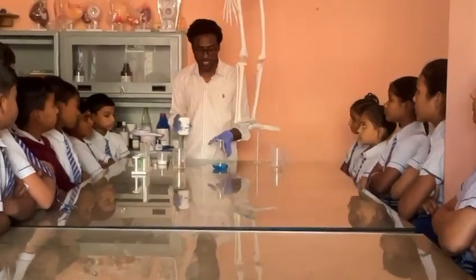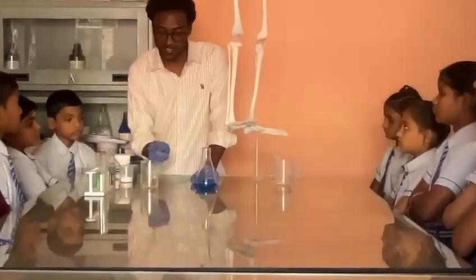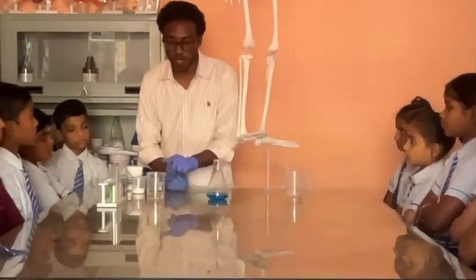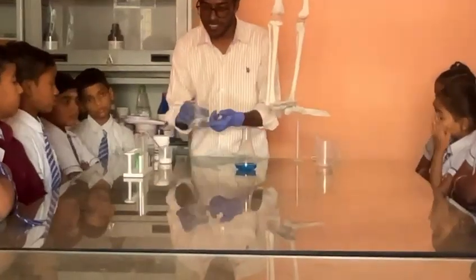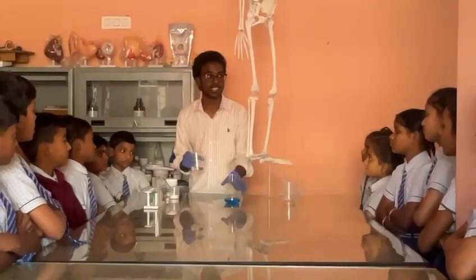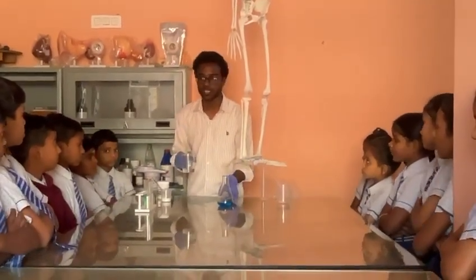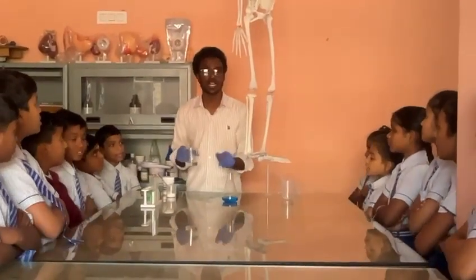But when this copper sulfate solution is mixed with NaCl, sodium chloride solution, what happens? The chloride present in NaCl will react with the copper present in the copper sulfate. When chloride reacts with copper, it gives a color change.